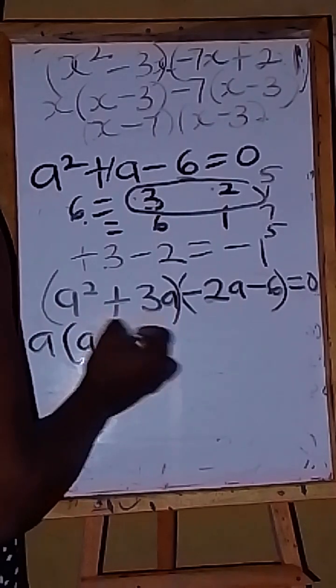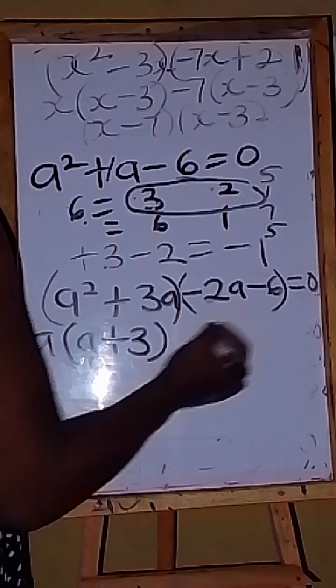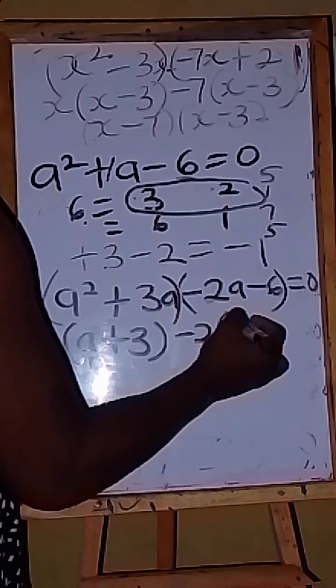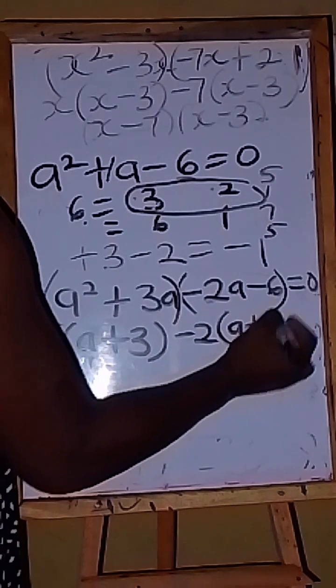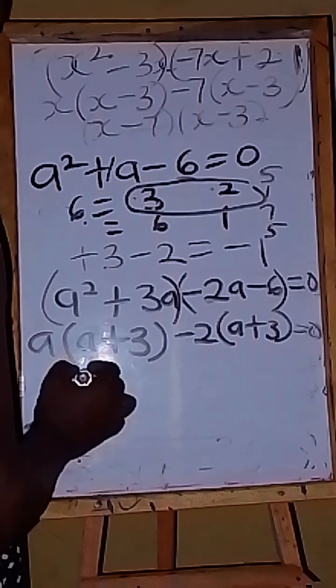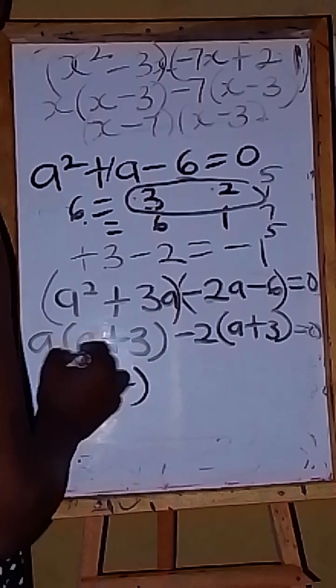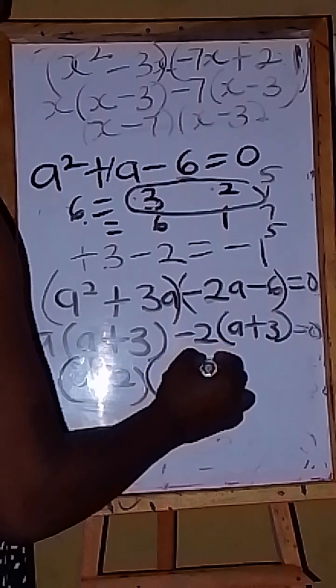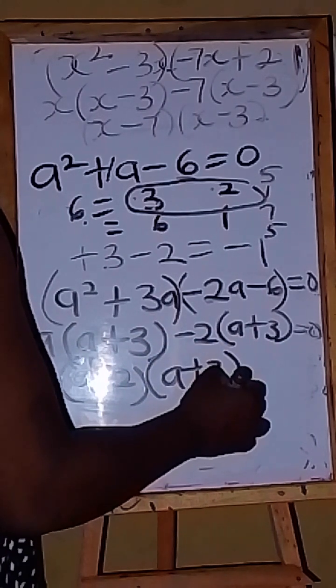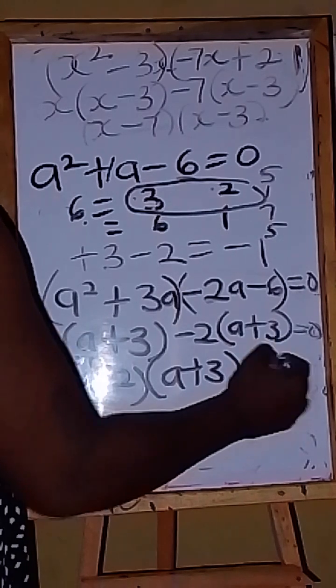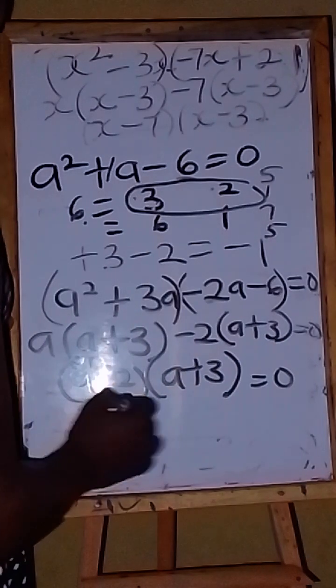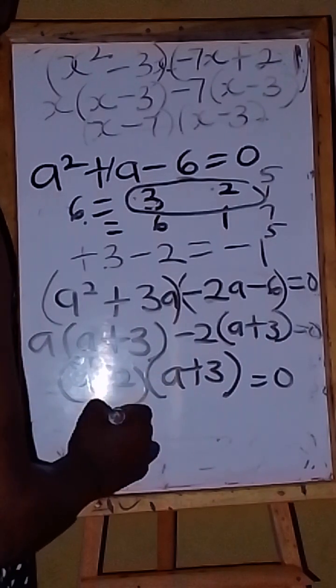We have a plus 3. What do we have in common here? Minus 2. We have a plus 3 equals to 0. So a minus 2, a plus 3 equals to 0.